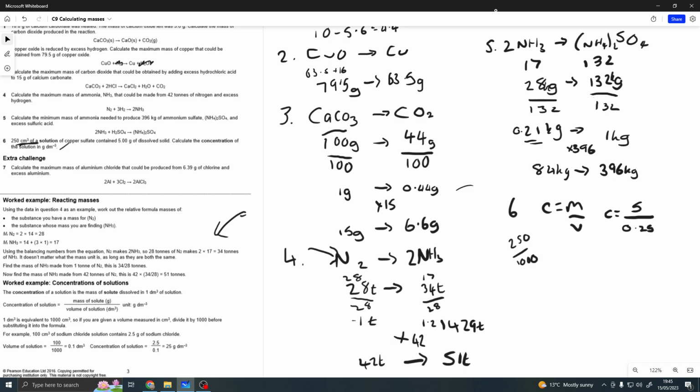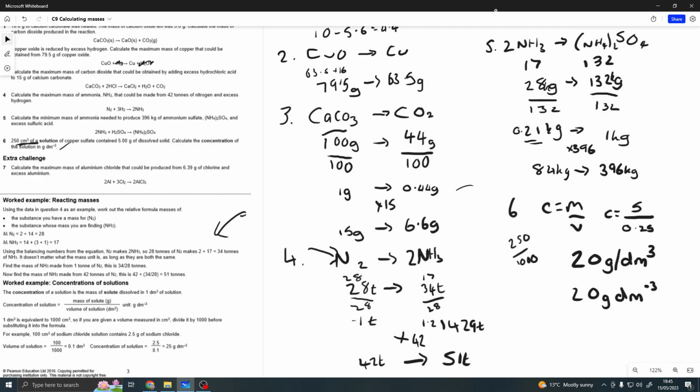So 5 divided by 0.25 is 20. So that means we have 20 grams per decimeter cubed. Or if you want to write it, 20 grams per dm to the minus 3, that is equally acceptable. That's the same essentially.